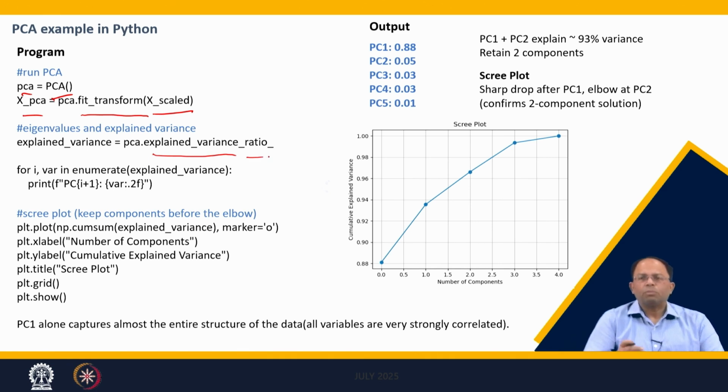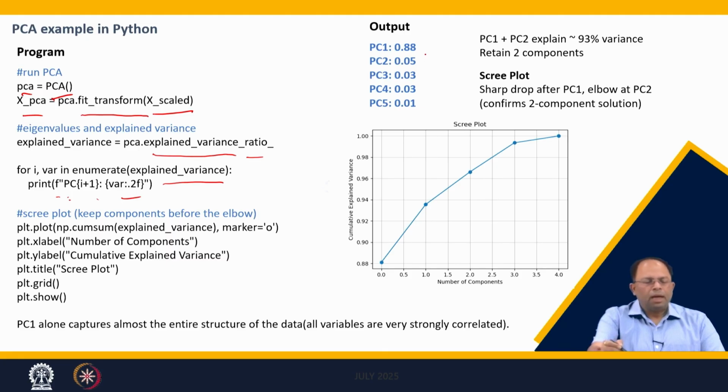pca.explained_variance_ratio_ tells us what proportion of the variance has been explained by the different principal components, right. So for i, var in enumerate(explained_variance), print f"PC{i+1}".